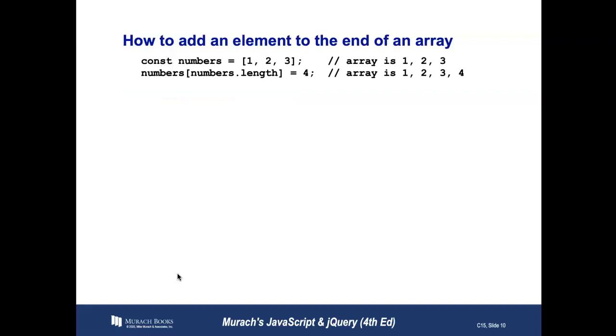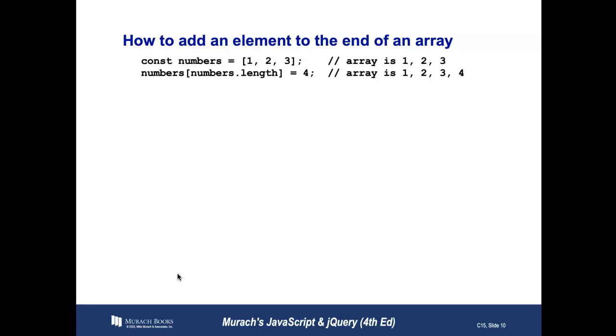Now, let's say we wanted to add an element to the end of an array. Let's say we have an array called numbers that has 3 elements, 1, 2, and 3. What we can do is use numbers.length, which is the number of elements in that array, and make it equal to a new element. Why is that? Well, because it's 0 based. If we look at the original array, numbers equals 1, 2, and 3.